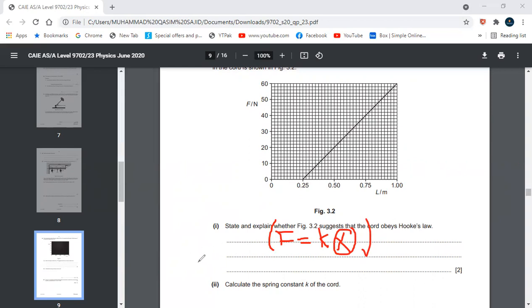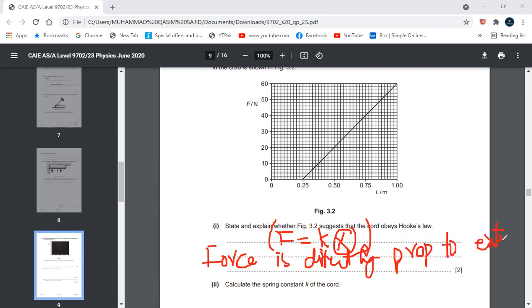Hooke's law states that force is directly proportional to extension. Extension means stretching or compression. So the extension is basically the value of x.